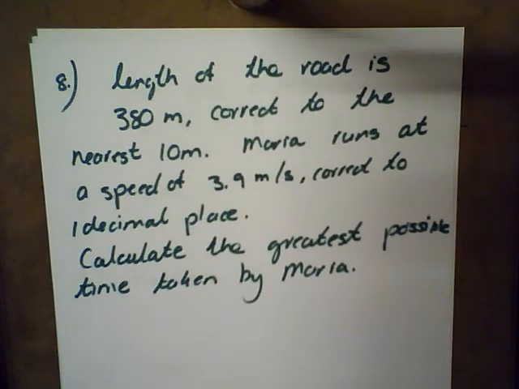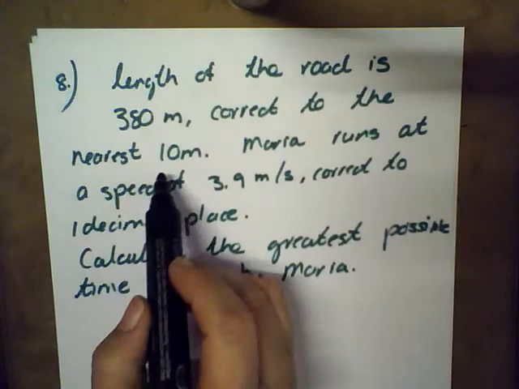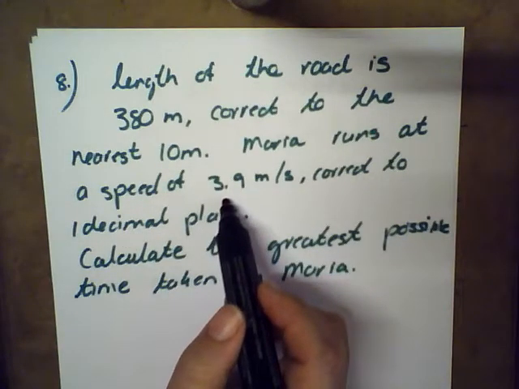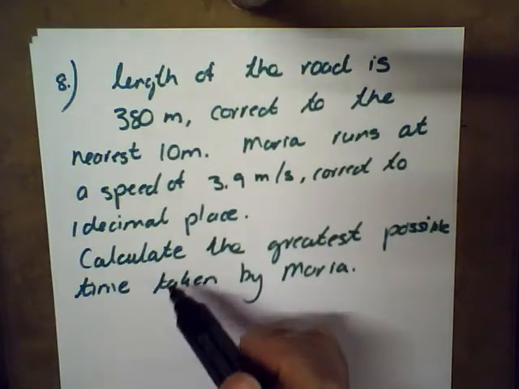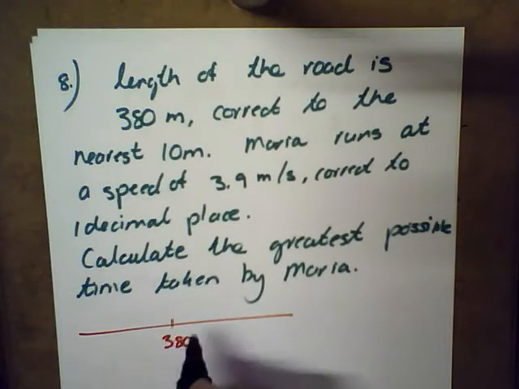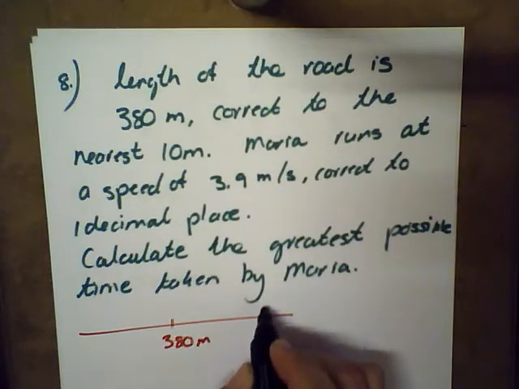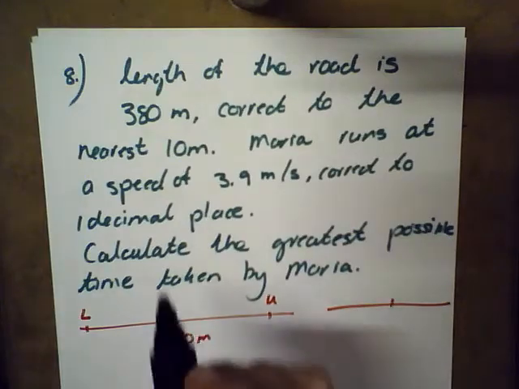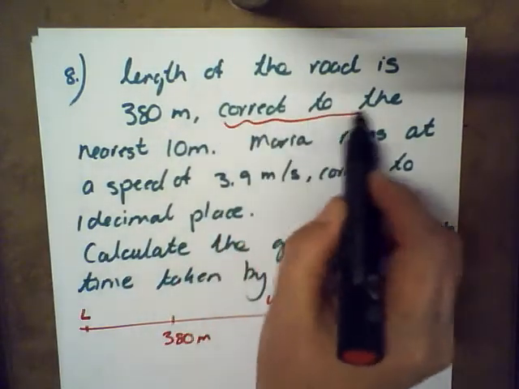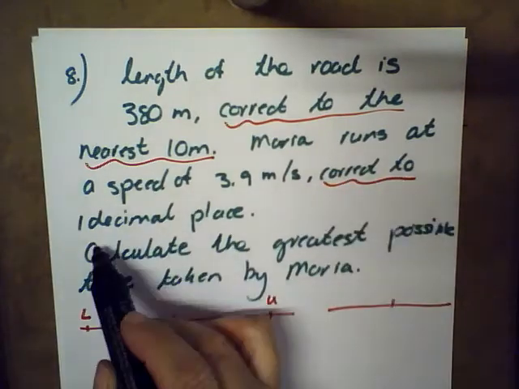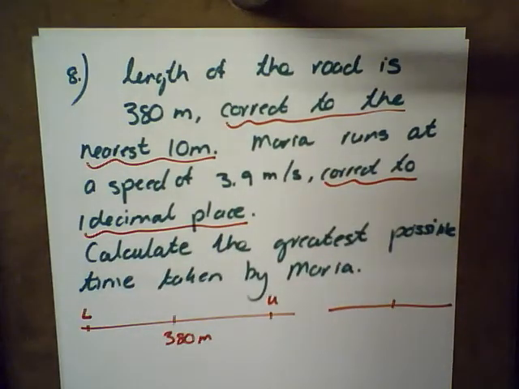Okay, so the next one, question 8 says the length of a road is 380 meters, correct to the nearest 10 meters. Maria runs at a speed of 3.9 meters per second, correct to 1 decimal place. Okay, so 380. This question requires an upper bound and a lower bound for each of those values, because it says correct to the nearest 10 meters and this one correct to 1 decimal place.